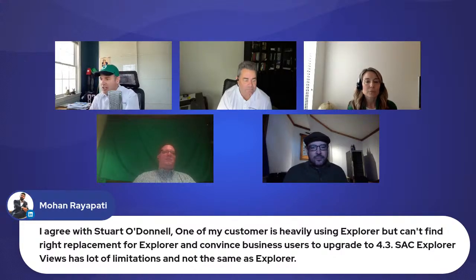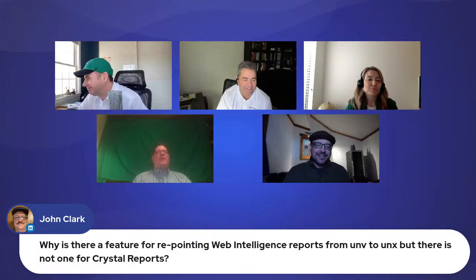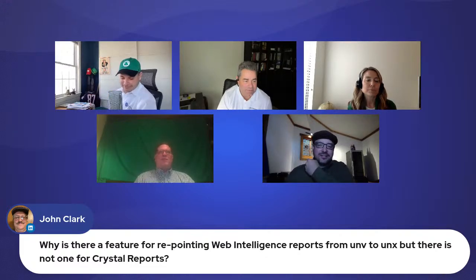We've got a question from John Clark. Why is there a feature for repointing Webi from UNV to UNX, but there's none for Crystal Reports? I suppose I have to answer that one, and the answer is I don't really know why. I suppose it's because traditionally Webi is semantic layer based, whereas Crystal has really only been more universe focused since the dawn of Crystal Enterprise.